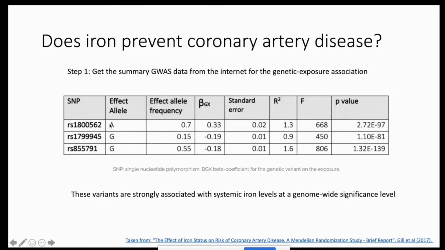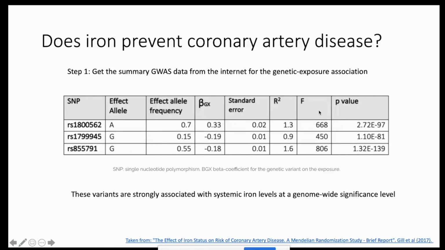If you have this allele at that SNP, at a certain genetic position of the genetic code, there's an increase of 0.33 in the systemic iron level. Then this one has a reduction, and the third one also has a reduction in iron. So these are at a population level. People who've had these genetic variants have different levels of systemic iron on average.